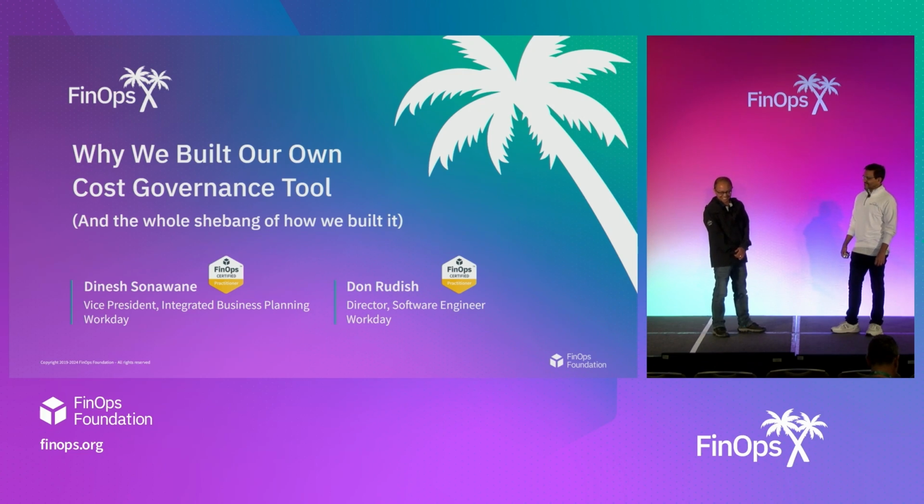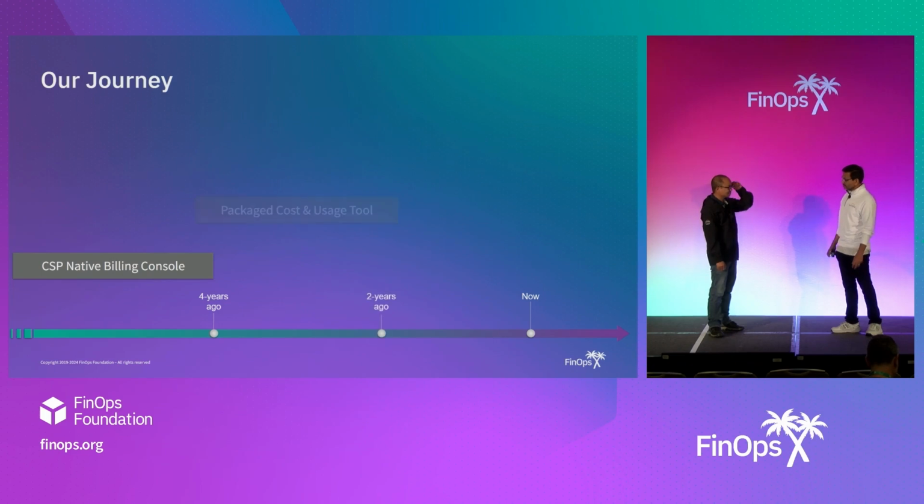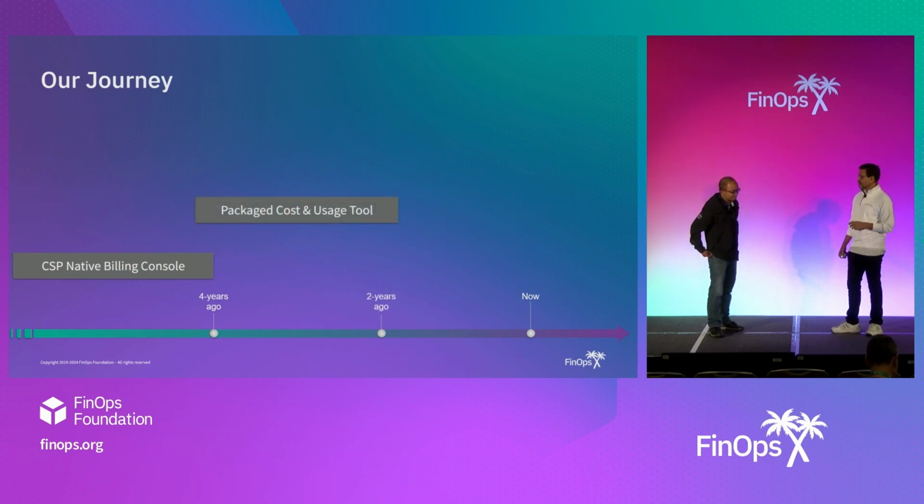So we built out the tool, but what were you using before we built out this new platform? Yeah, so Don, our needs earlier on were very simple. We used to use the CSP's native billing consoles. And as our engineers started to use cloud, we became multi-cloud. We had to do something. So we implemented a third-party package software.